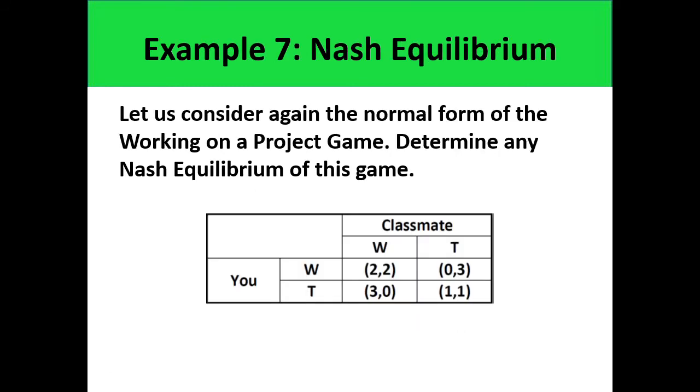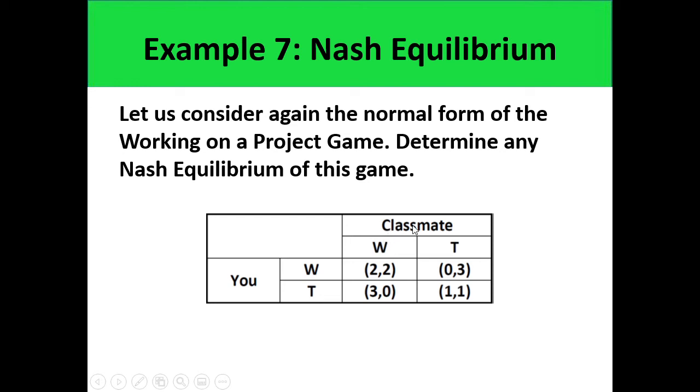Now let's analyze the working on a project game using Nash Equilibrium. Recall that the working on a project game has this normal form. Now, we analyze this game based on reaction. So let's say that we are the row player, and suppose that the column player already made the decision of working hard.